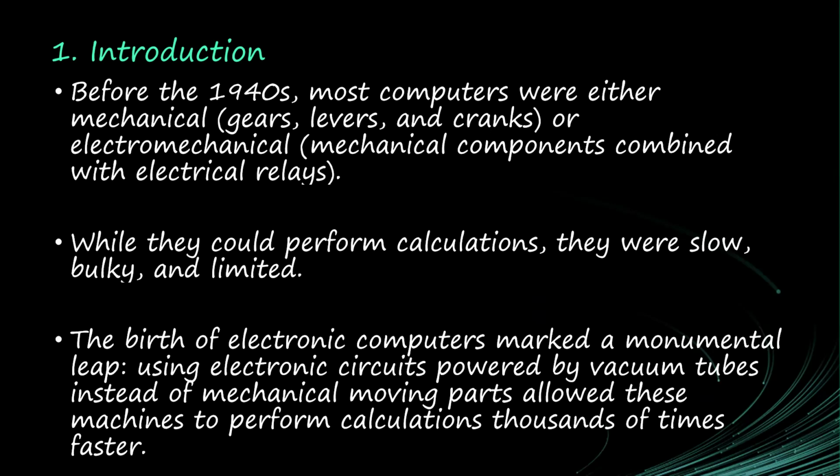Look around the room that you are in right now. You must see a switch. If you put the switch on, there will be light. If you put it off, there will be no light. That is how these vacuum tubes were working. They were working as switches. So the first electronic computers were using vacuum tubes.